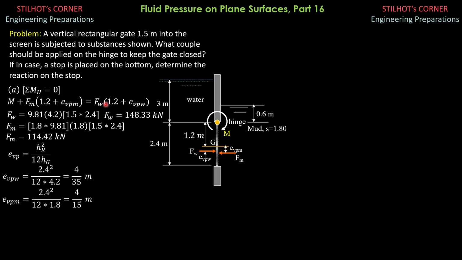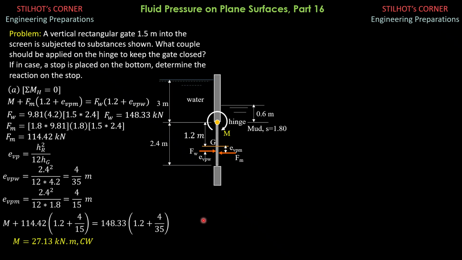So substitute in this working equation: M plus 114.42 times quantity 1.2 plus e_VPM, 4 over 15, equals F_W, 148.33, times quantity 1.2 plus 4 over 35. So M would be equal to 27.13 kilonewton meters clockwise as shown.